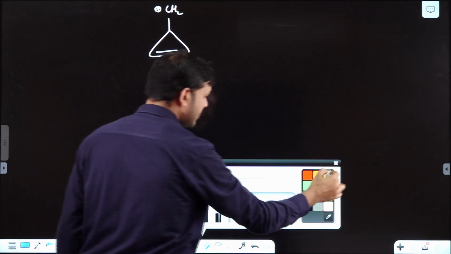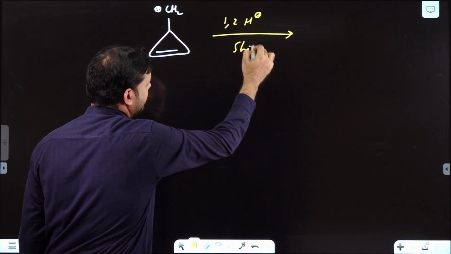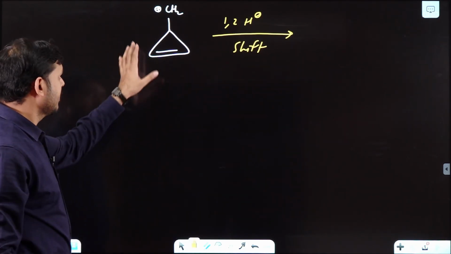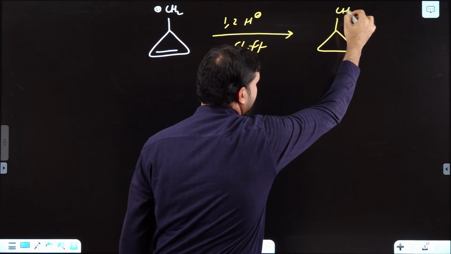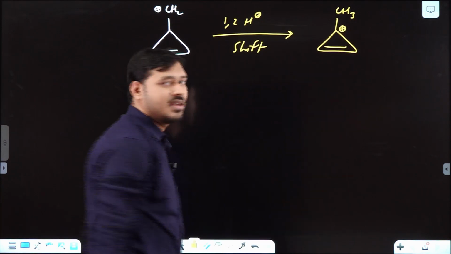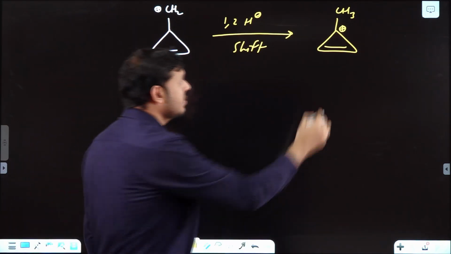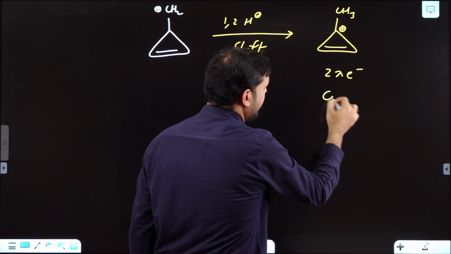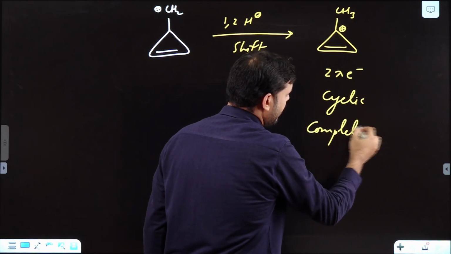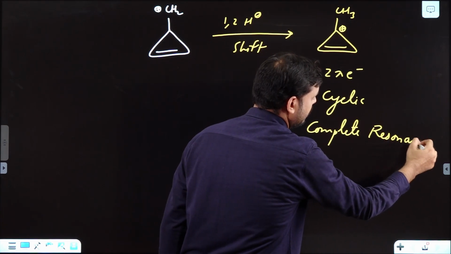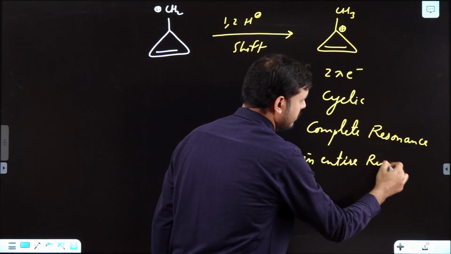Now what do you think? If I make a 1,2 H minus shift here, what will happen? From this shifting, this will become CH3 and this becomes the plus charge, and now in this case the ring becomes aromatic due to 2 pi electrons. The ring is cyclic, with complete resonance in the entire ring.